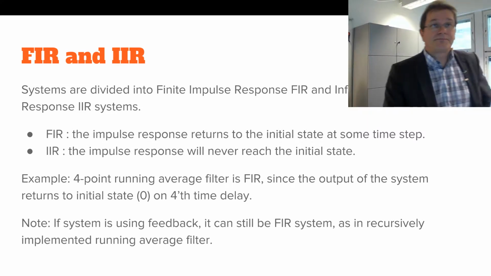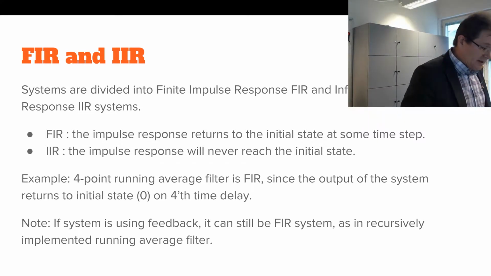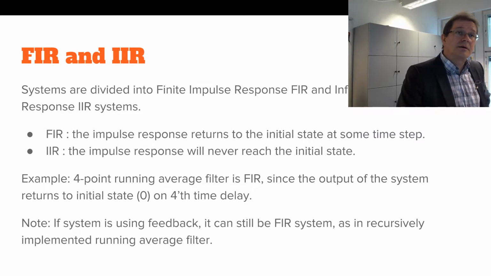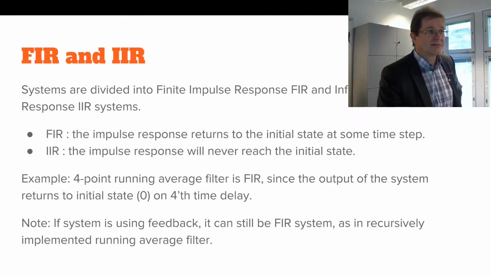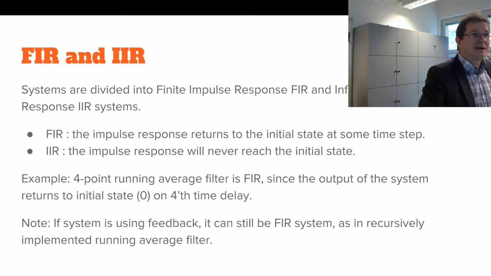And then there's a warning already here about feedback and whether the system is a finite or infinite impulse response system. You must have feedback to produce an infinite impulse response system. But it does not guarantee it.